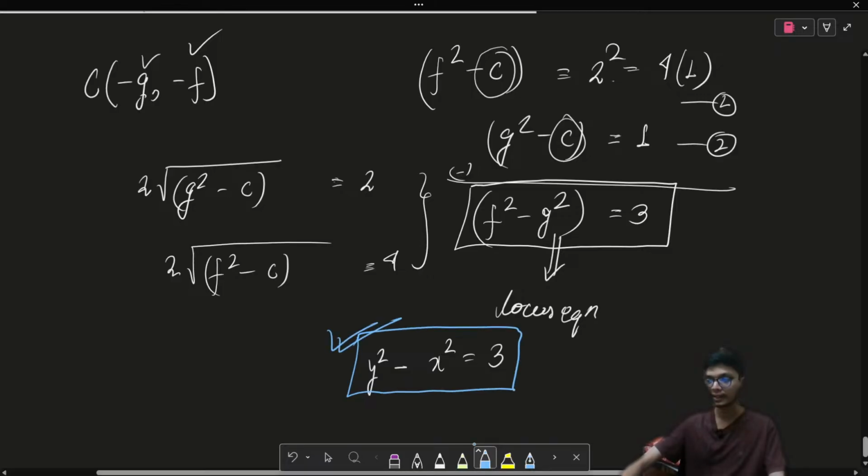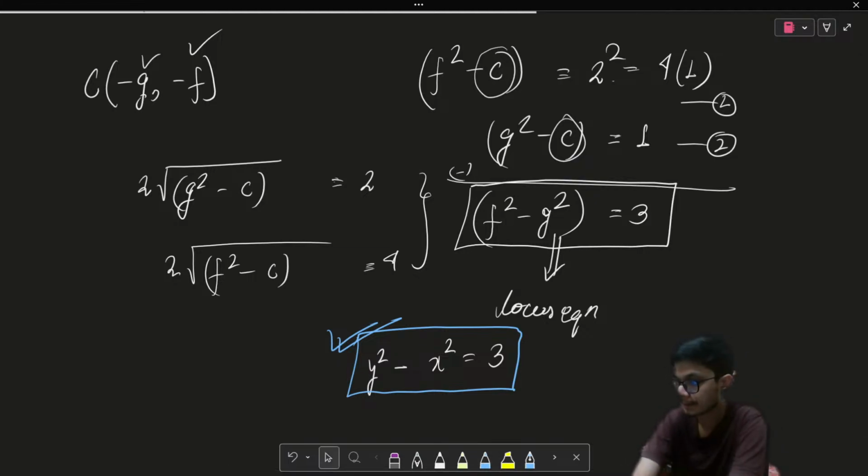So that is my final result for the given locus. I hope this question is clear to all of you. Okay, is this part clear? Right.